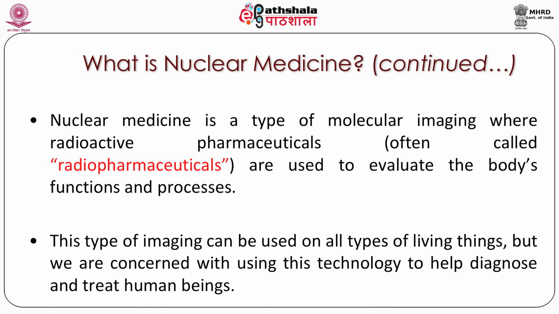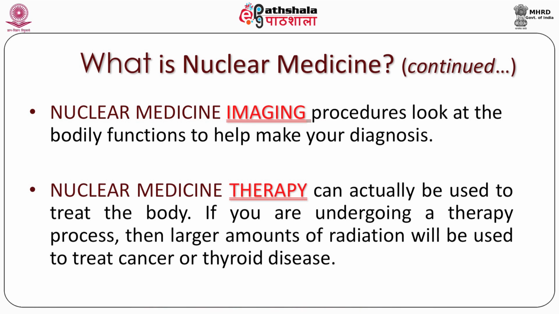This type of imaging can be used on all types of living things, but we are concerned with using this technology to help diagnose and treat human beings. It means nuclear medicine is not only for diagnosis, but is also used for treatment. What we are emphasizing is that nuclear medicine is the only modality available in our country which can be used for imaging as well as for therapy.